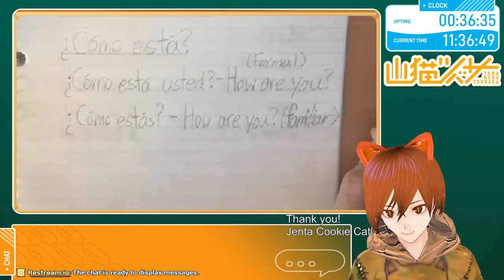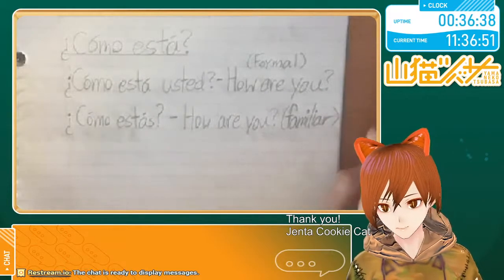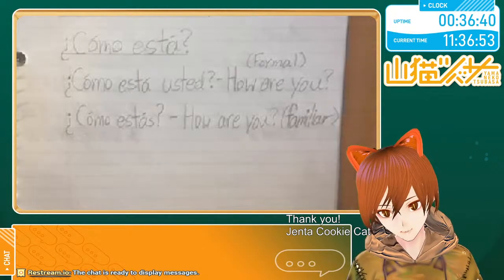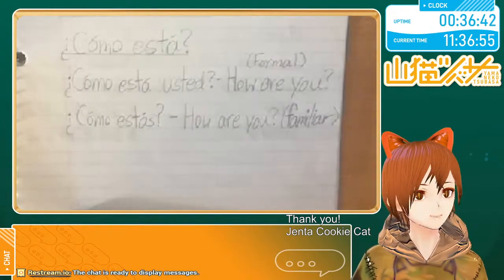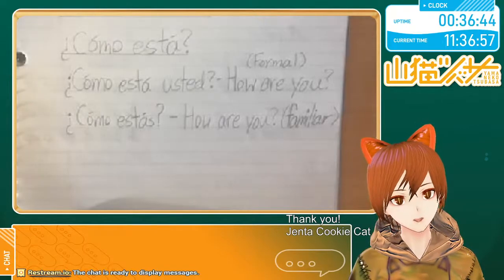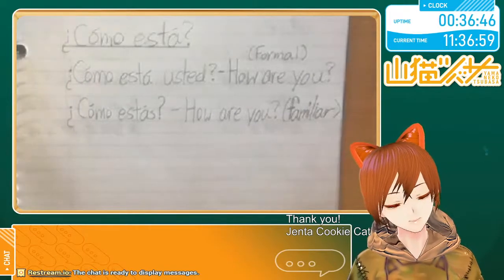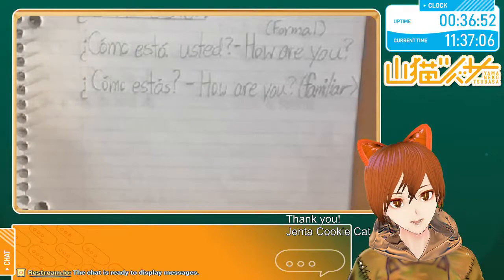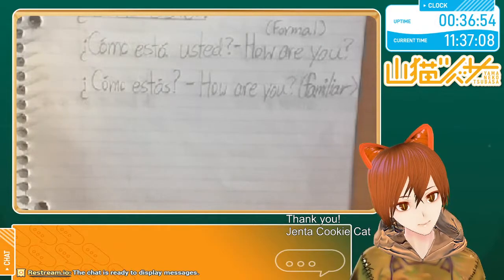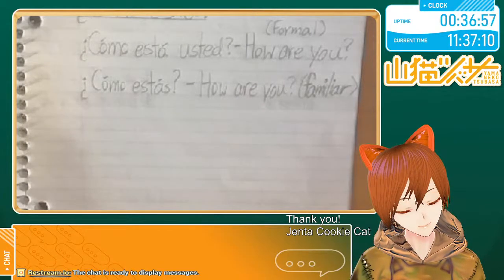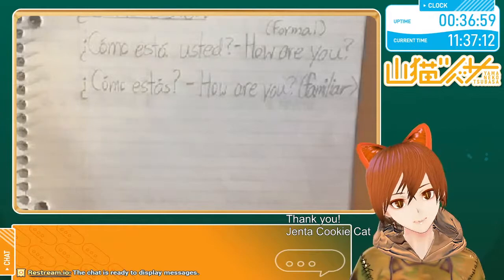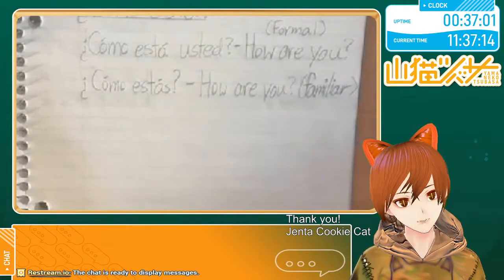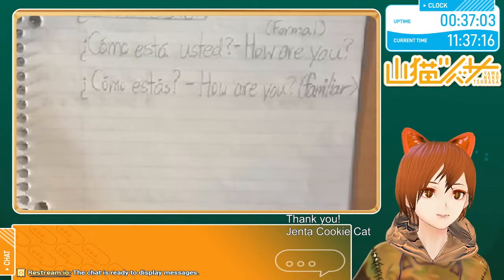You would ask them how are you in a more familiar tone, since you're the one who holds the power in this scenario. They need to be formal with you, and if they don't, it's considered very rude, by the way.